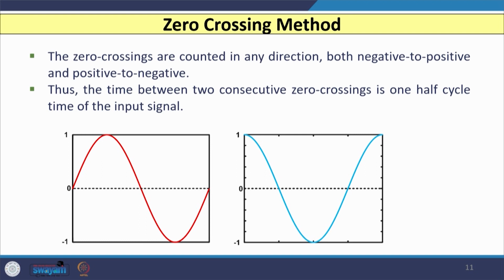So, all the 4 cases we have considered. Hence, the time between two consecutive zero crossings, if I consider a sine wave, then we will have these two zero crossings, and this time is 1/2 cycle time of the input signal. If you consider the cosine wave, you will have these two zero crossings, and again you will have the 1/2 cycle time.